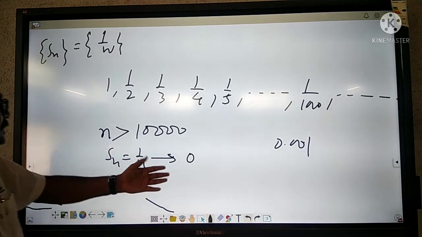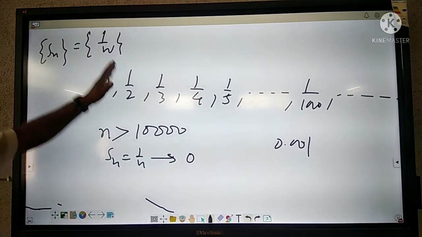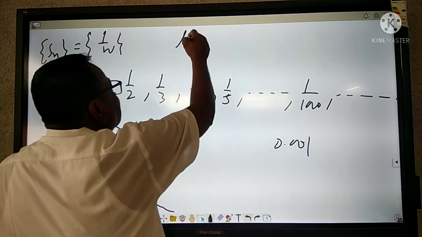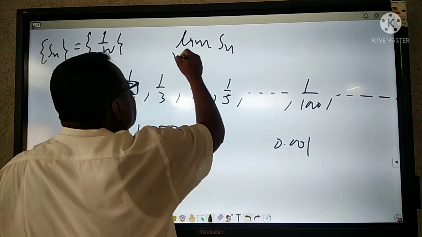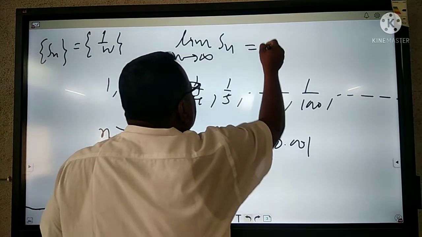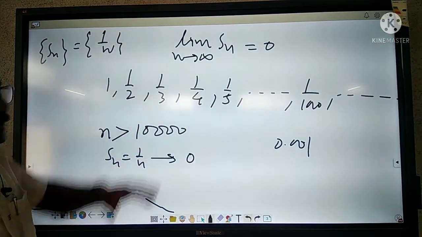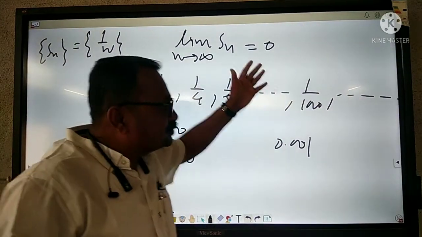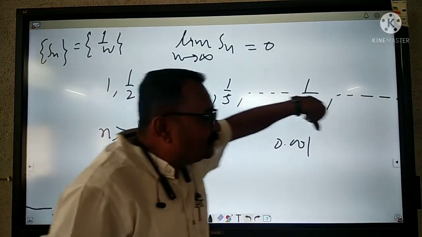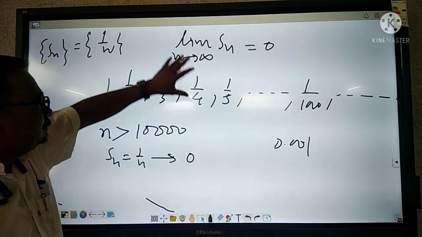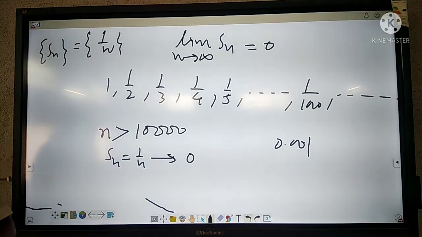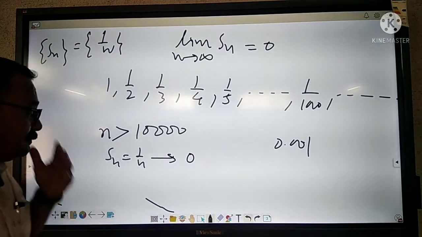So we say that the sequence 1 upon n has limit 0. We write this as: the limit of Sn as n tends to infinity is equal to 0. N tends to infinity means the terms are bigger and bigger. If n is going to infinity, then the value of 1 upon n tends to 0. It is actually not 0, it is nearly equal to 0.